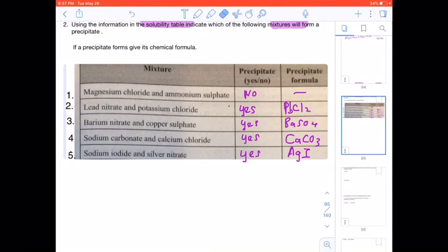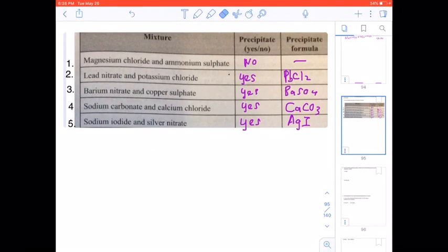And okay, sodium carbonate and calcium chloride, we said precipitate, yes, and that's calcium carbonate. Okay, all right, I thought I made an error there. Right, so calcium carbonate does form a precipitate.